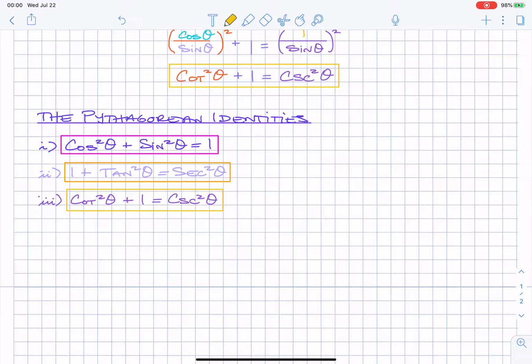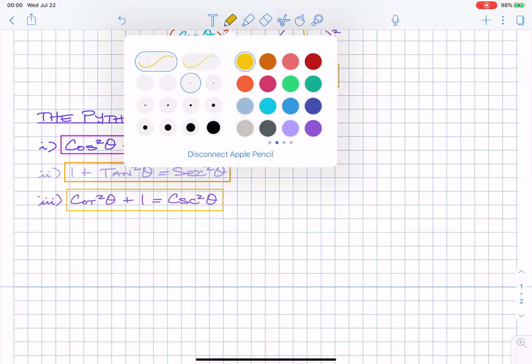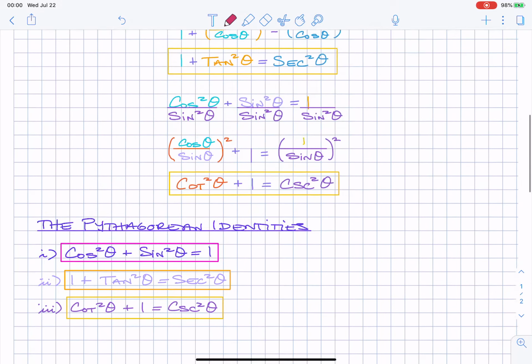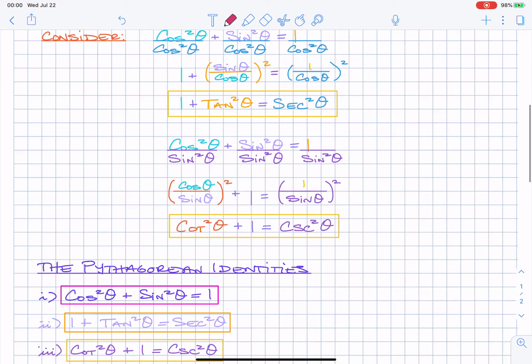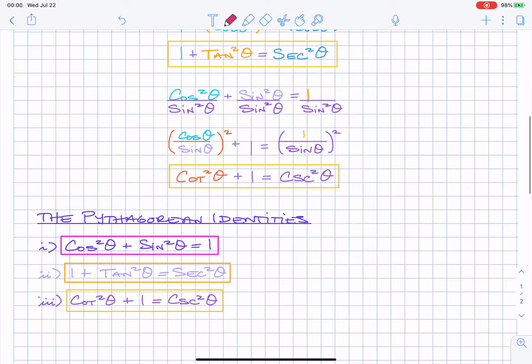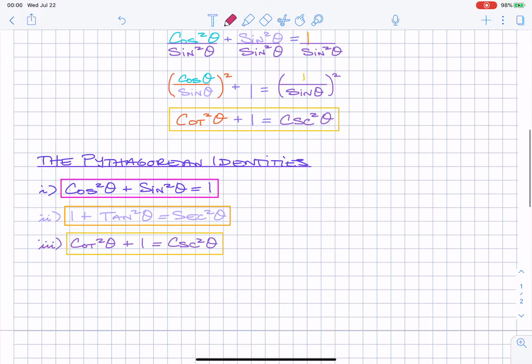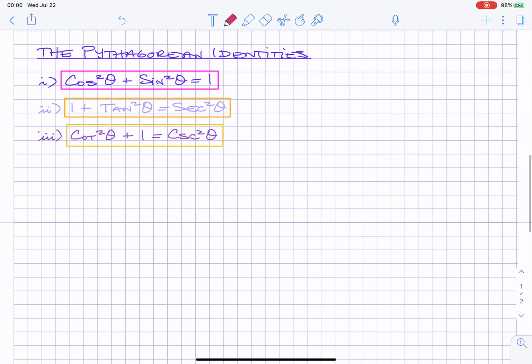Okay, so let's recall. I used something when I did the derivations here. I used the reciprocal identities. Tangent of theta is sine of theta over cosine of theta.